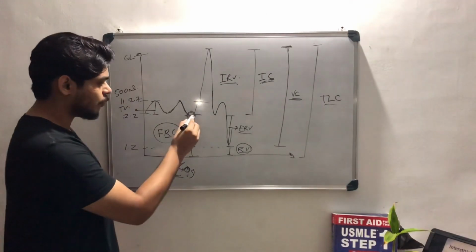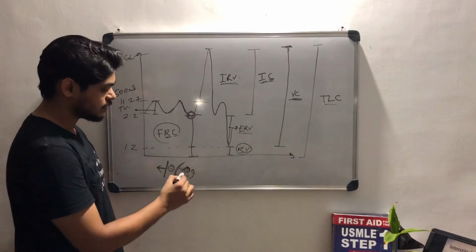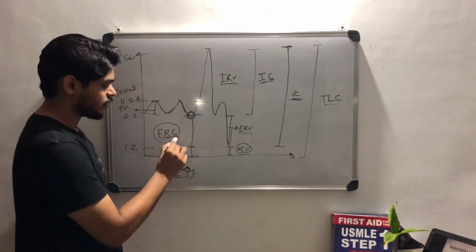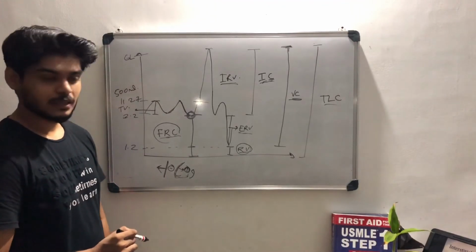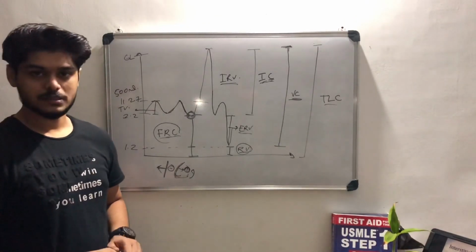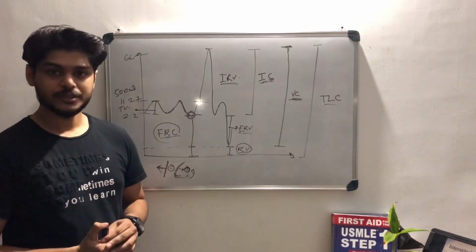So that point is very important, and the volume of air inside the lung at that point is equal to functional residual capacity. This is all about lung volumes and lung capacities. In the next session, we'll be dealing with lung and chest wall pressures. Thank you.